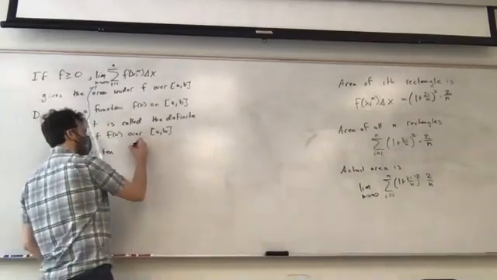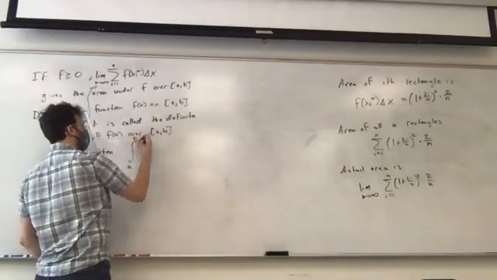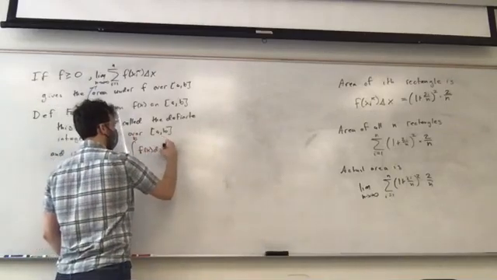So this is written with a big curvy S sign with an a on the bottom and b on the top, coming from the interval, and then f of x dx.